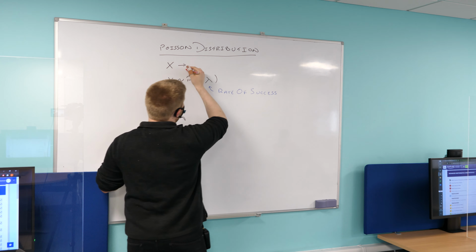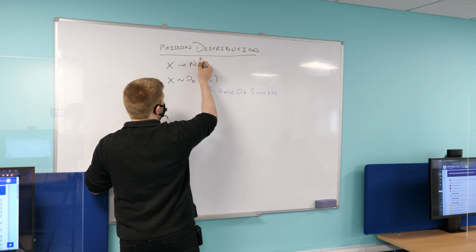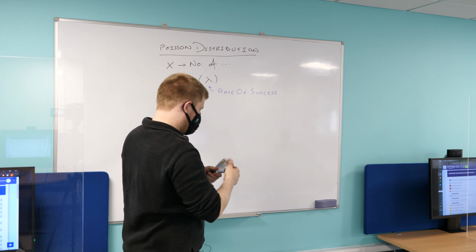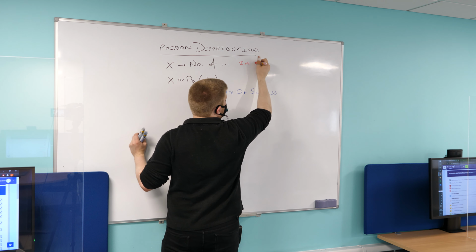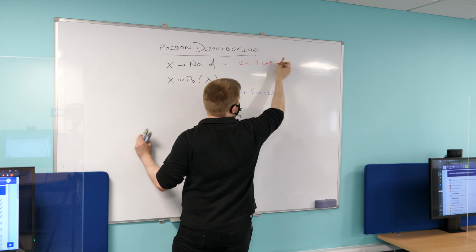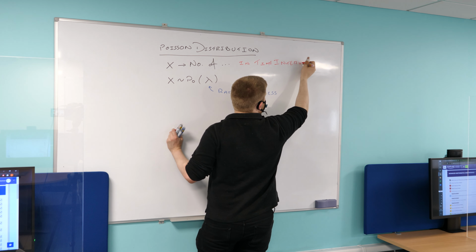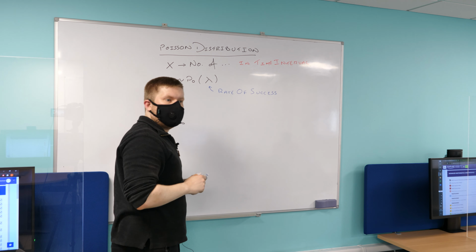So in here, it'll be the number, or NO for short, of whatever it might be, okay? But then the crucial thing is, it needs to be in some time interval. So whether that be 20 minutes, or an hour, or a day, it needs to be defined when you define your random variable what time interval you are dealing with.